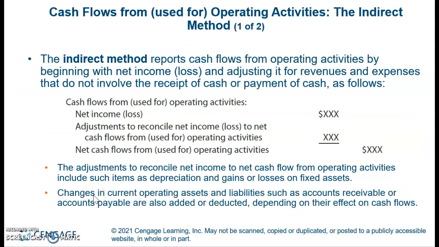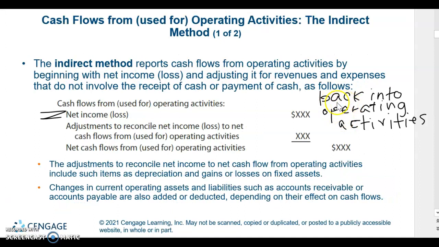So with the indirect method, we can easily find our net income or loss. We're going to start with that number, the net income or loss, and then we're going to back into our operating activities on the cash basis.